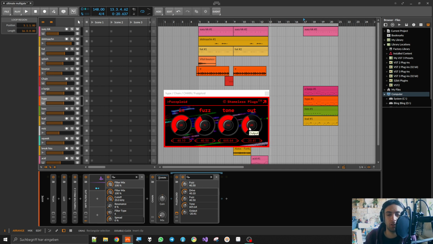But on the other hand, this is a very easy to use plugin with only 4 knobs, so it's not a big deal. And once you've reached a certain point with the input gain, it doesn't really change the volume anymore at that point, but just the drive of the signal because everything is already so squashed.